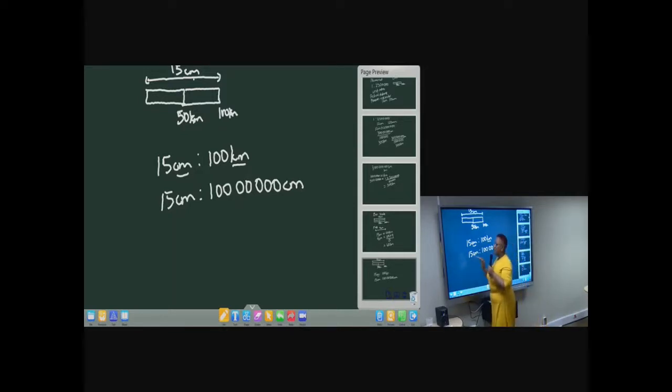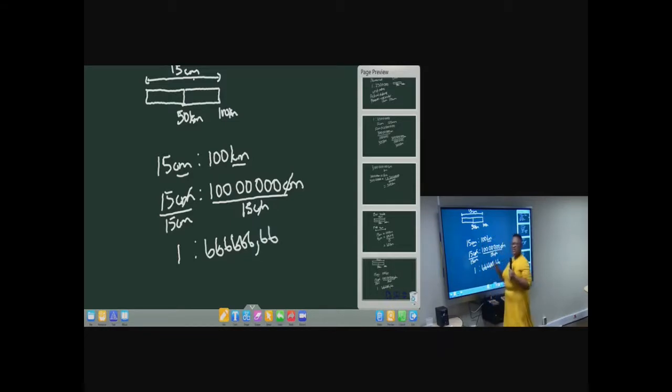After you have done that, you can get your unit ratio. For the unit ratio, you divide both values by the first value. Then you will have your scale in the form of 1 to something, and your answer will be 6,666,666.